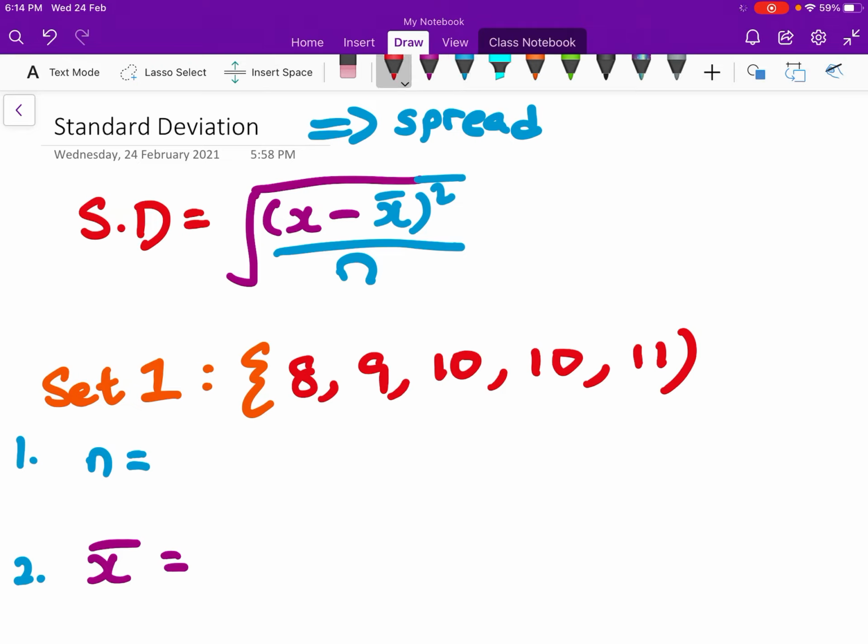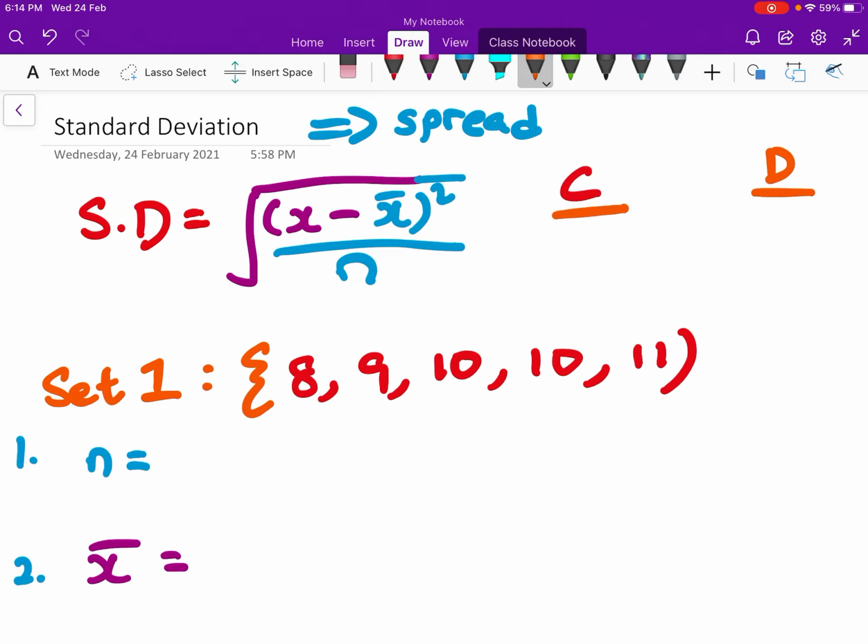There will be 4 classes, EMATS class A, B, C, and D. How do we compare? Besides comparing the mean, the average of every class's results, I can also calculate the standard deviation of the results.